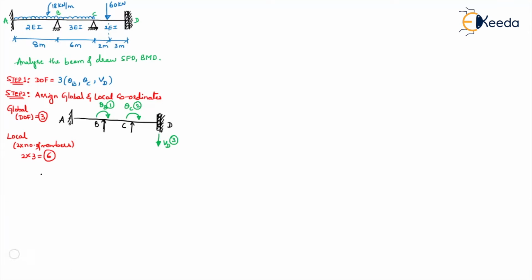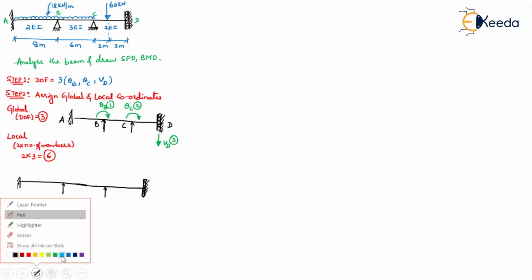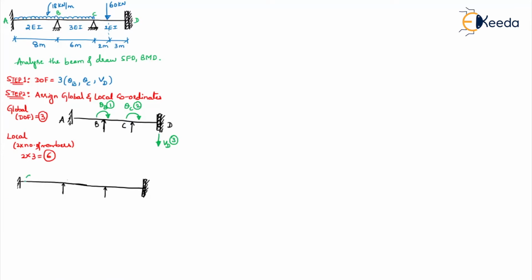Coming to the local coordinates, there will be totally 6 local coordinates. If we have to draw it, there is a hinge here, here there is a hinge, and here a vertical shear hinge. How will you put your local coordinates? I am taking all the local coordinates in the clockwise direction.